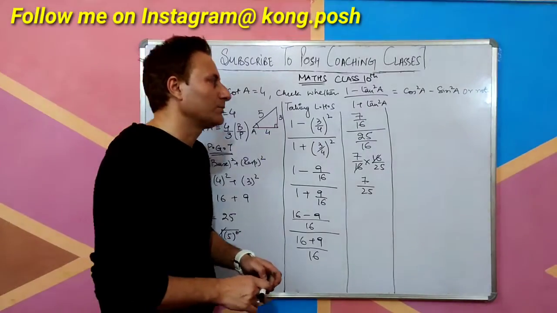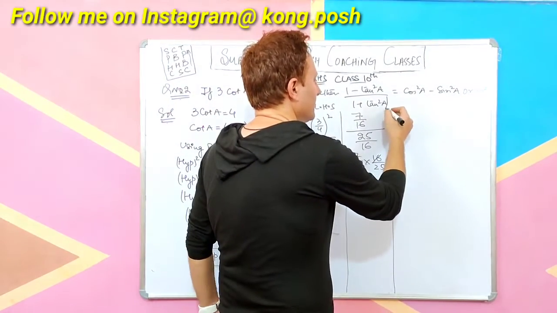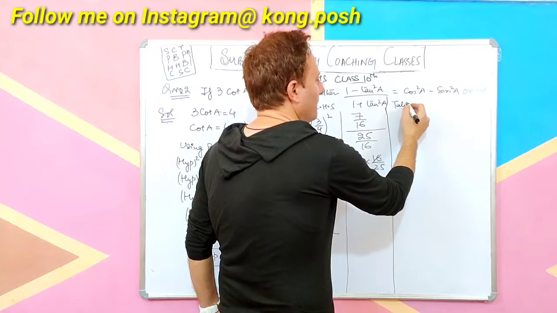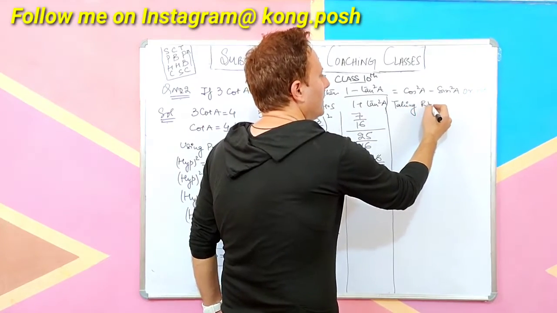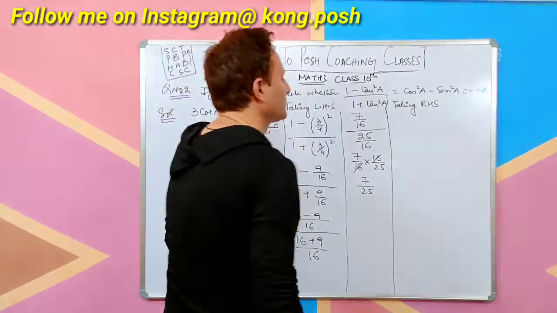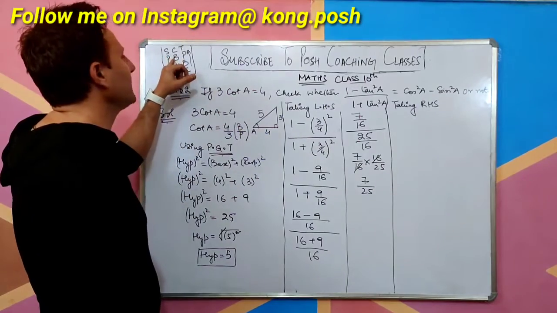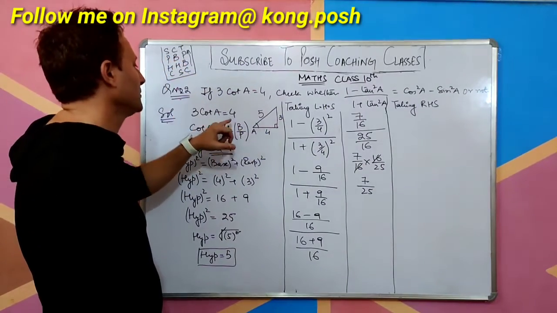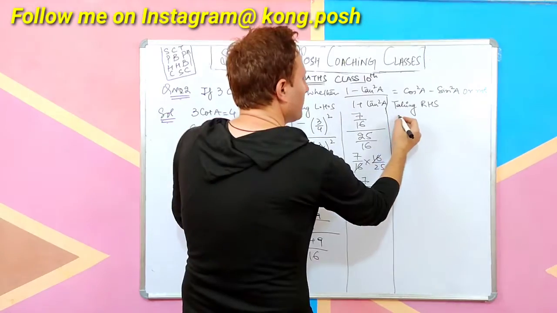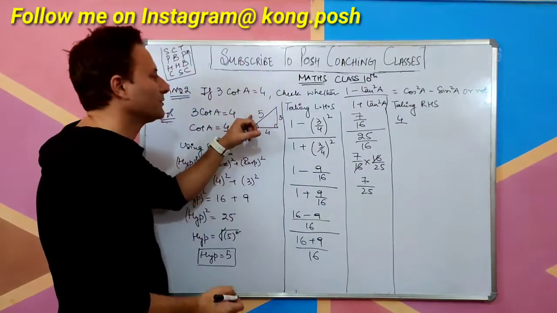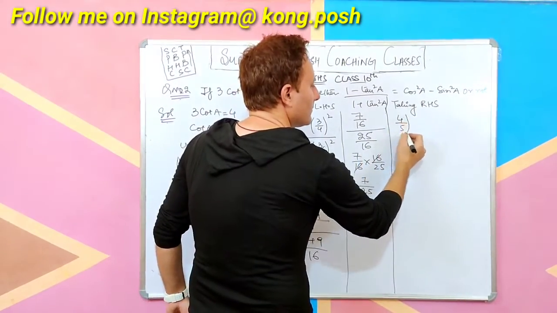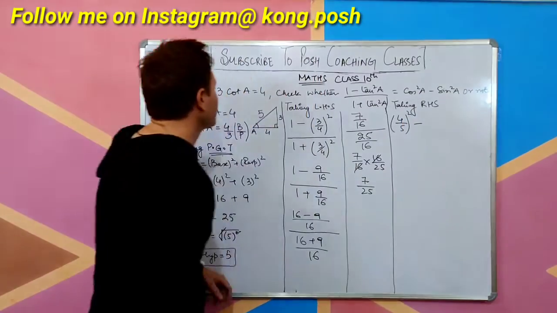Now we will talk about the right hand side, taking RHS, cos square A minus sine square A. So cos is base upon hypotenuse. So base is 4 upon hypotenuse is 5 square, minus sine.